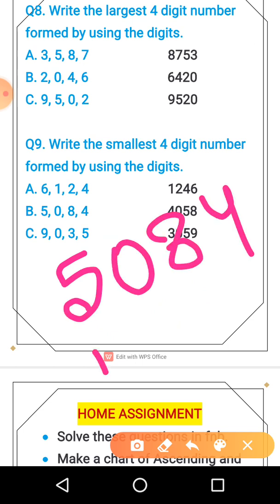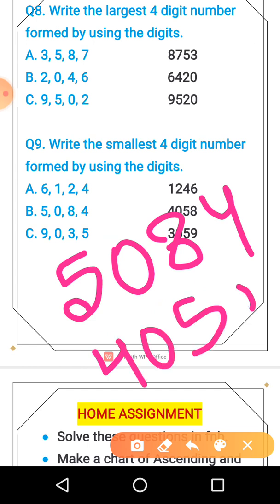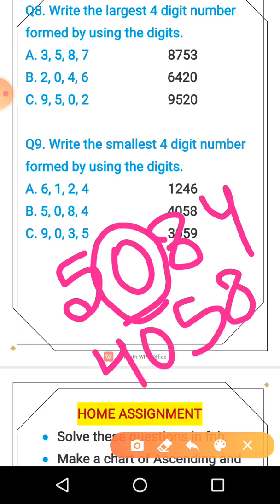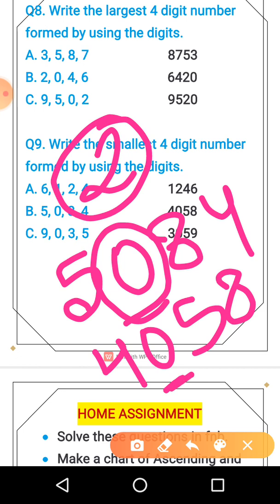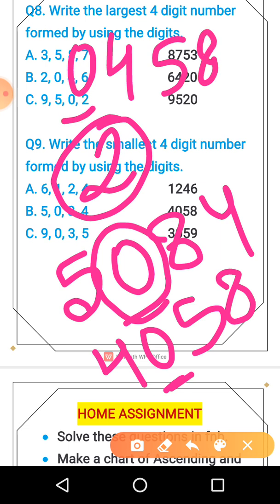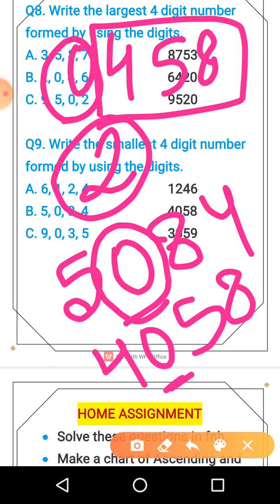Then the number will be 4058. Look, if 0 is in the digits, then you have to put the 0 at the second place always. If you put the zero in front, if you write zero at the first place, then the number will be 0458. But you all know that a zero at the start has no meaning. It means this number will be read as 458. But there are only 3 digits here, and we have to create a 4-digit number.